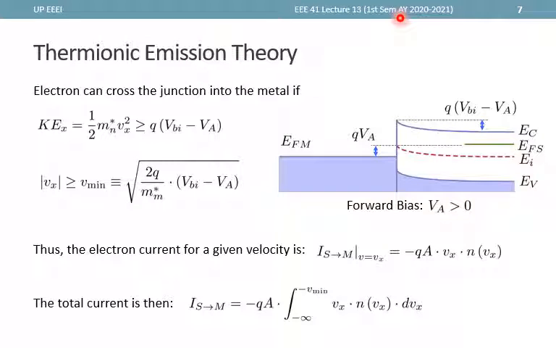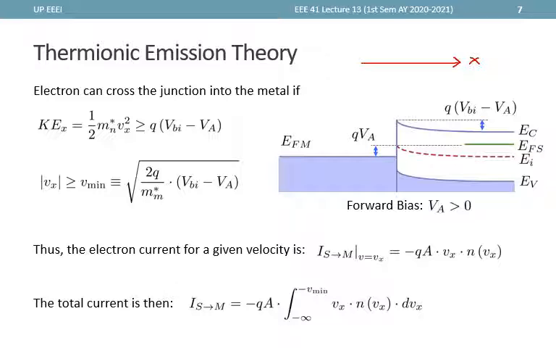To establish the quantitative expression for the thermionic emission current, we treat an N-type device and focus initially on electron injection from the semiconductor side to the metal. Now the x coordinate is assumed to be normal to the MS interface and positive directed to the semiconductor.